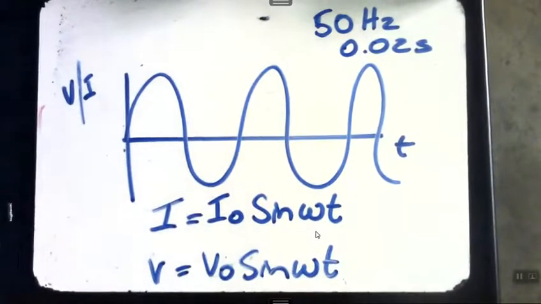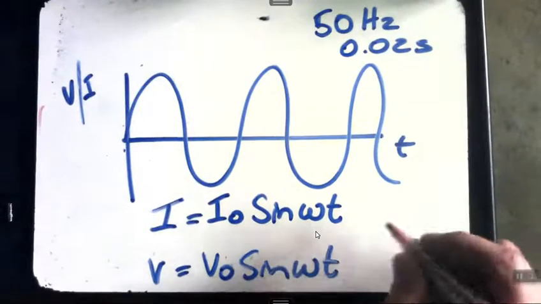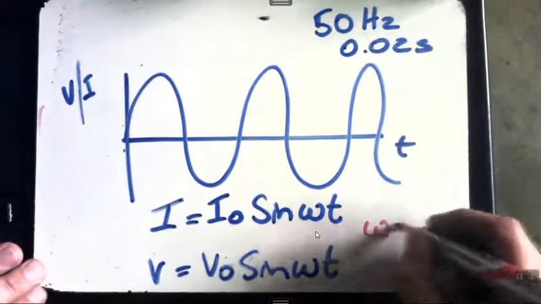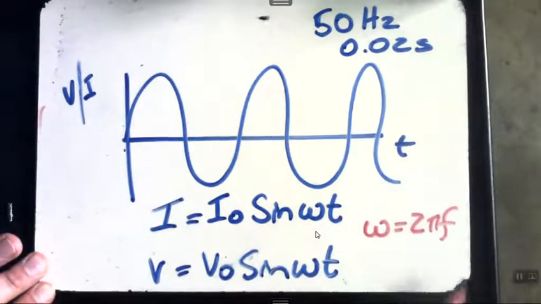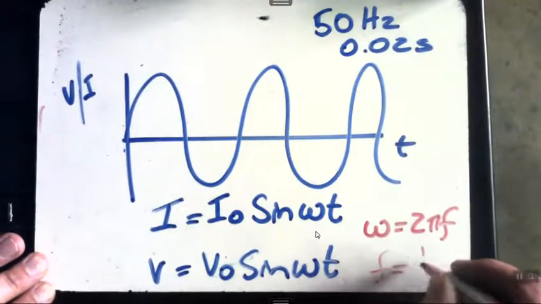And we know that omega is 2 pi times the frequency, and the frequency is 1 over the period.